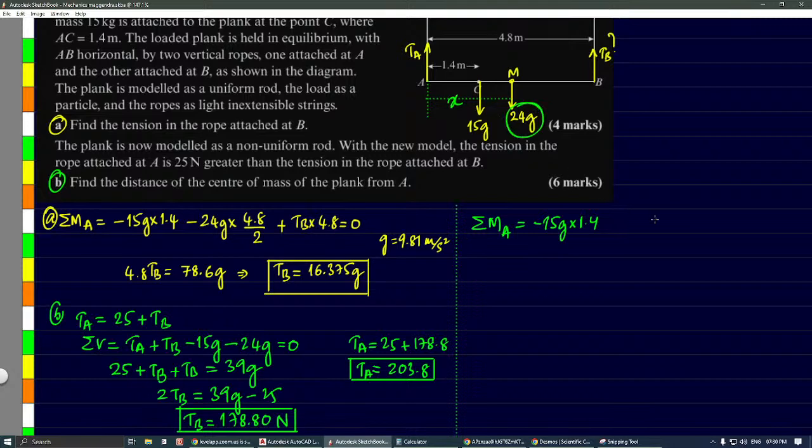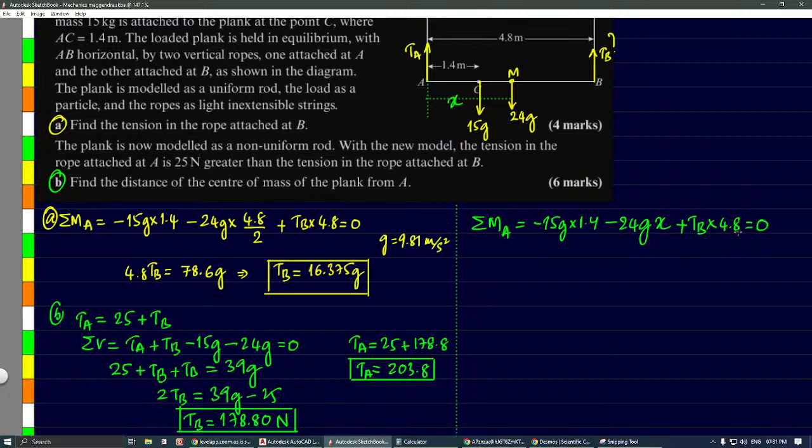But 24g will not remain at the midpoint. This distance will be x, and this is going in clockwise direction, so minus again, and plus TB times 4.8 in anti-clockwise direction, so it is positive. So this total should be equal to 0.